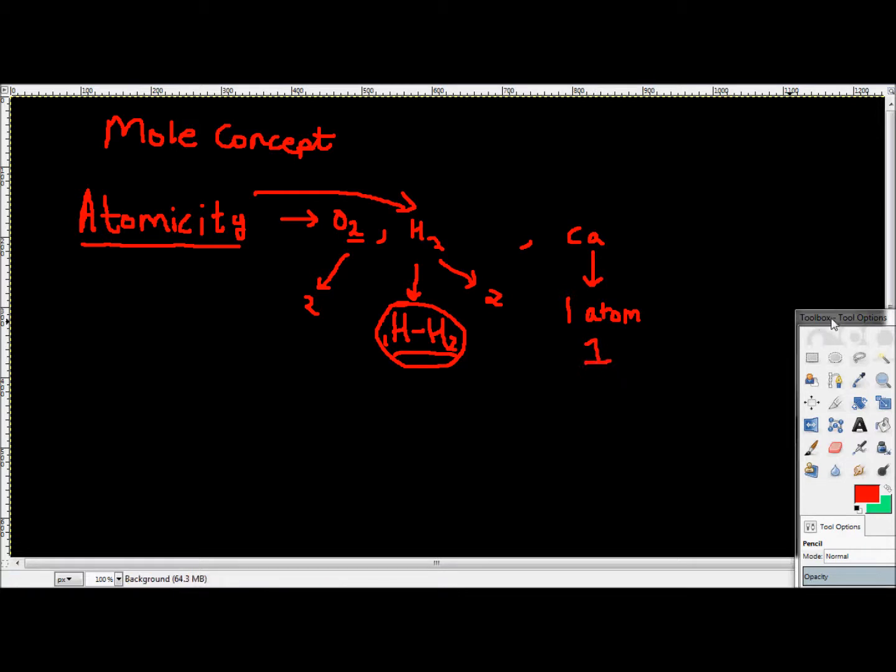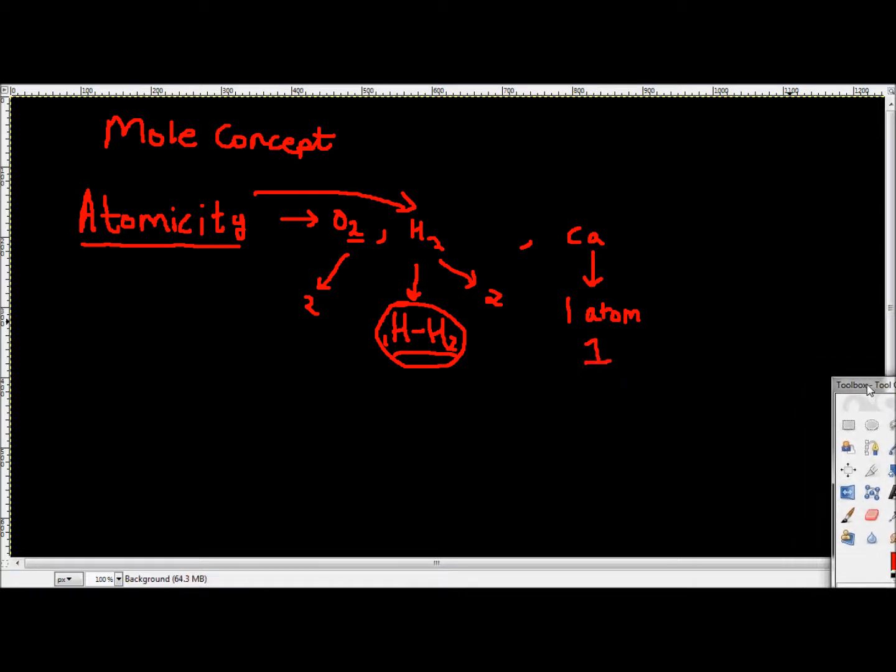Now you have certain elements which are polyatomic. You can guess from the prefix poly that it would mean that their atomicity is more than 2. So examples are there's phosphorus, which is P4, so you can see atomicity is 4. Sulfur is S8. Yeah, 8. I haven't got it wrong. It is 8.